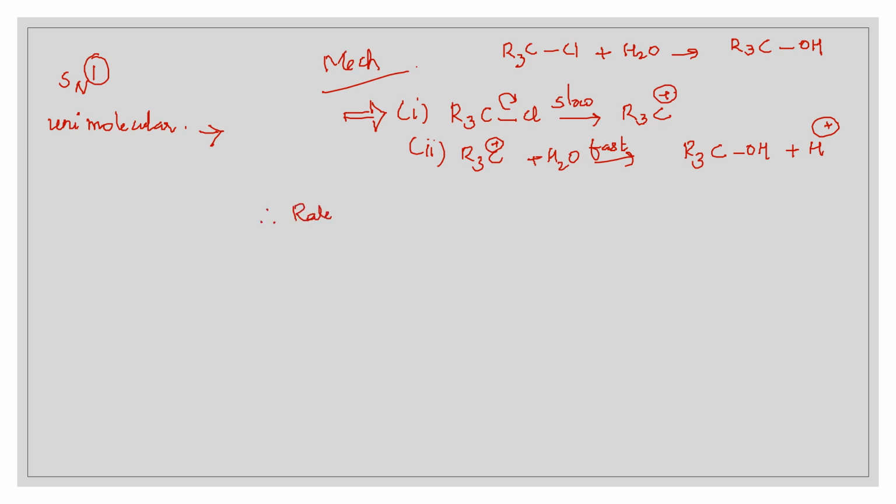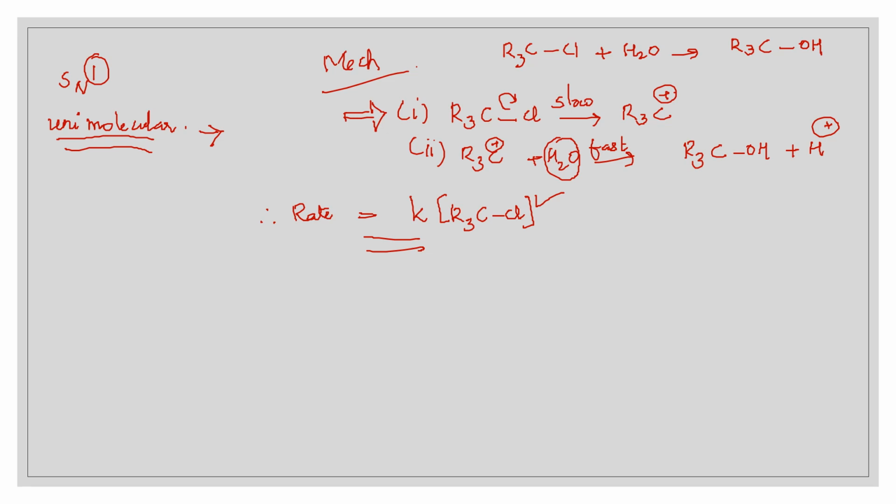Therefore, the rate of this reaction depends only upon the concentration of the substrate, and it will not depend upon the concentration of the nucleophile, because that is not involved in the rate determining step. So in the rate determining step, you have only one substrate or one reactant. That is why it is considered a unimolecular reaction. This is the point that I missed out in the previous slide.